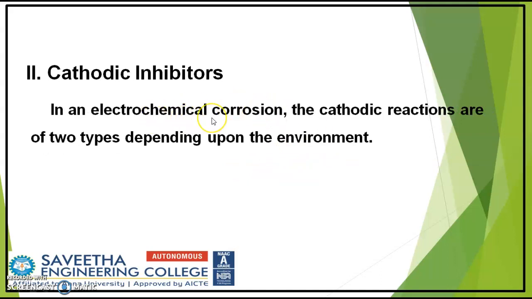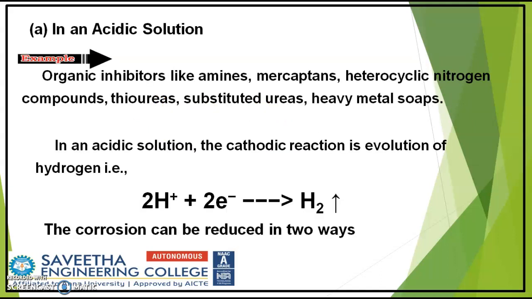In electrochemical corrosion, the cathodic reactions are of two types depending on the environment. One is in acidic solution and the other is in basic solution. In the acidic solution, organic inhibitors like amines, mercaptans, heterocyclic nitrogen compounds, thiourea, substituted ureas and heavy metal soaps are used. In an acidic solution, the cathodic reaction is the evolution of hydrogen.